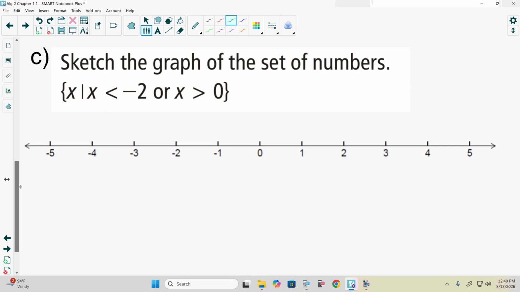All right. Let's look at this one here. The set of all real numbers x such that x is less than negative 2 or x is greater than 0. X is less than negative 2. Where's our endpoint? Negative 2. Open or closed? Open. Shaded to the left or to the right? Left.